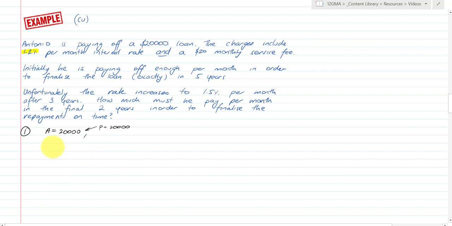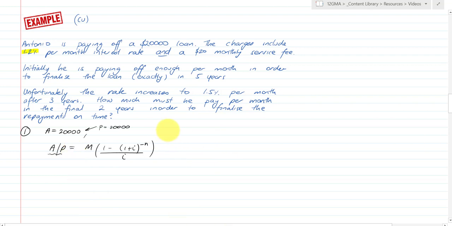But we're going to go back to that formula, which is the A or P, whichever one you call it, is M times (1 minus (1 plus I) to the power of negative N) over I. It's our reducing balance loan formula, which is also that withdrawal loan formula. So where interest is accruing, but we're withdrawing money from it. And in this case, interest is accruing on the loan and we're paying off, which is kind of like a withdrawal. Now we just need to note that A and P are the same in this case.